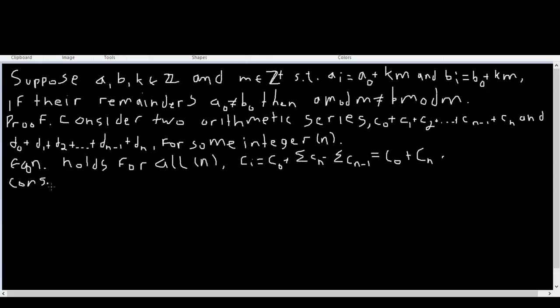Then the following equation holds for all n. That's our claim, which is C sub I equals C sub 0 plus sigma sum notation C sub n minus sigma C sub n minus 1, which equals C sub 0 plus C sub n.